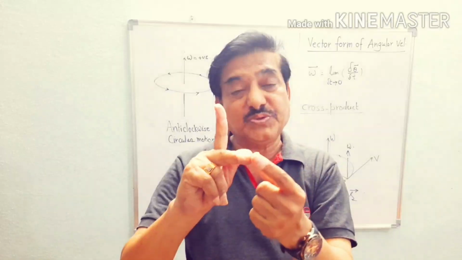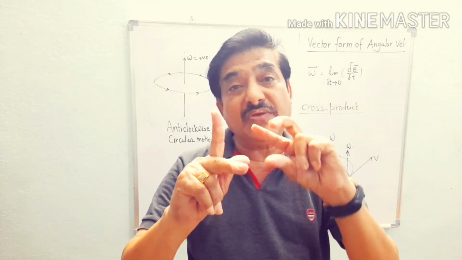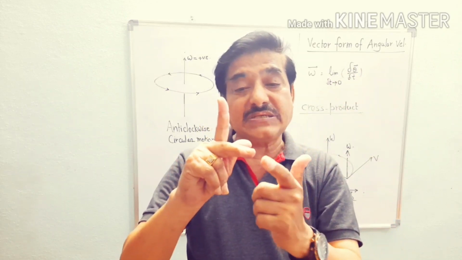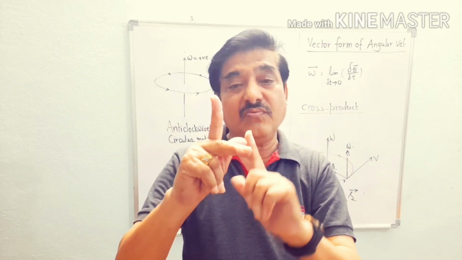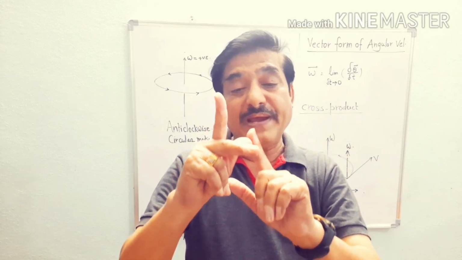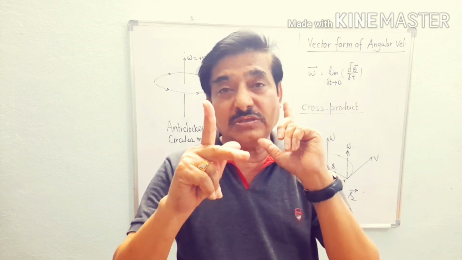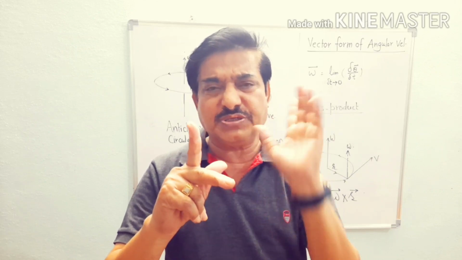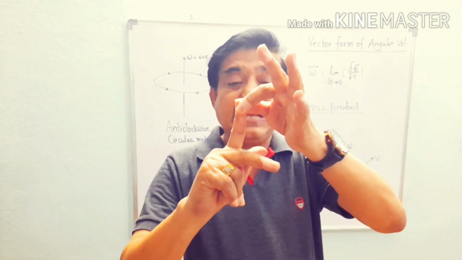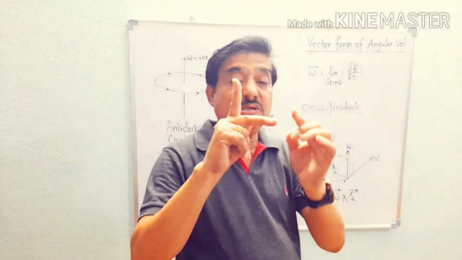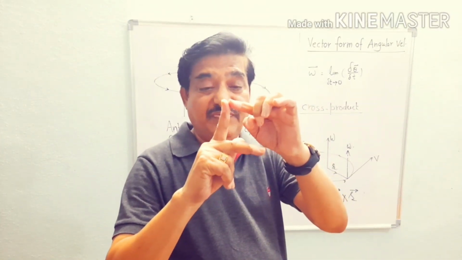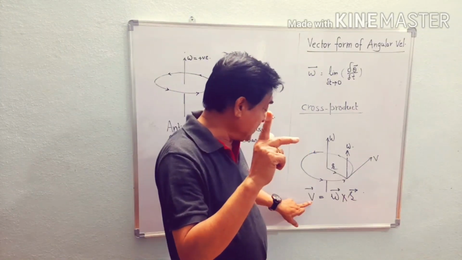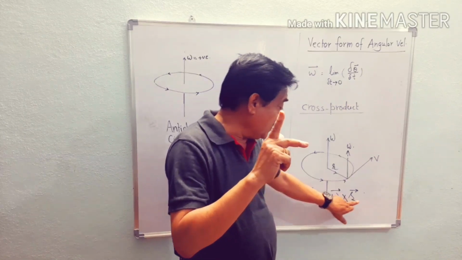But there is a negative sign, so we have to reverse the sequence of multiplication. Instead of r cross omega, we reverse the sequence to omega cross r. So velocity v is equal to omega cross r, as shown in the figure.